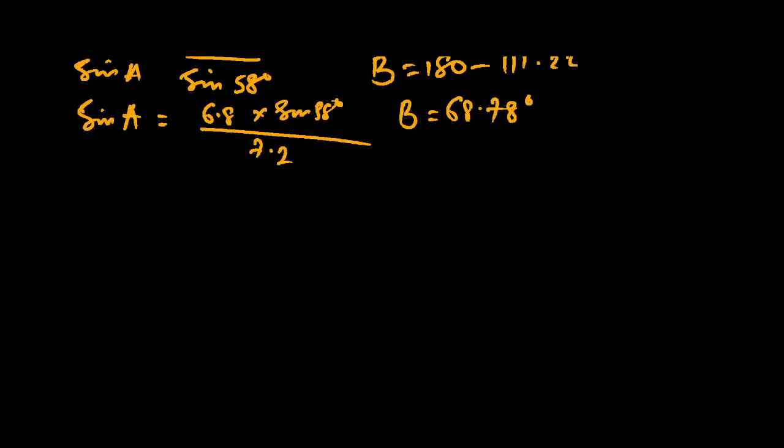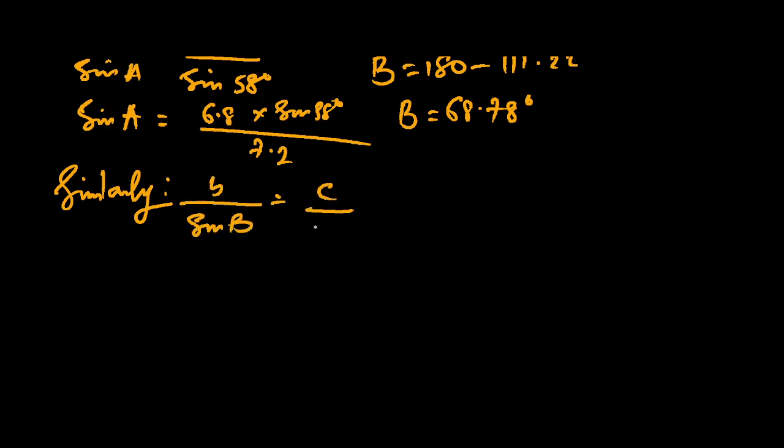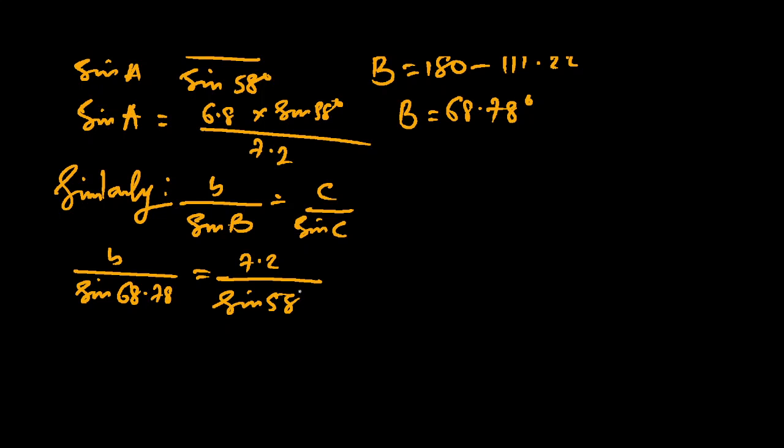Alright, so to find the side B, we can say similarly, we have B over sine B equal to C over sine C. So we have B divided by the sine of 68.78 equal to 7.2 divided by sine of 58 degrees.